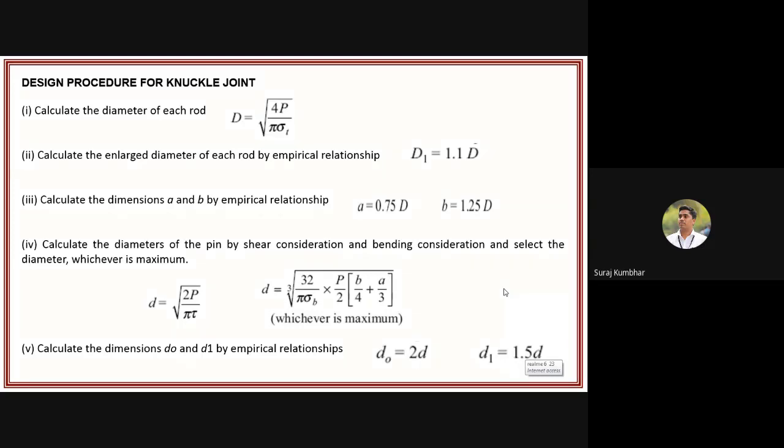D0 is equal to 2 times d and D1 is equal to 1.5 times d. Now this outer diameter and inner diameter are based on the diameter of the pin, right? That's why you need to first find out the diameter of the pin, because it is the multiplying factor, that is 2 and 1.5, to find out D0 and D1.